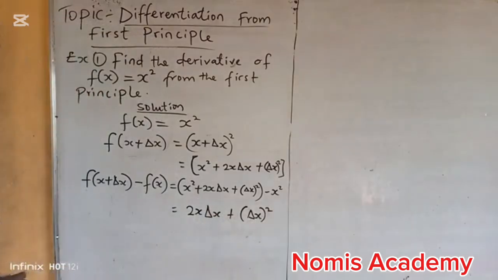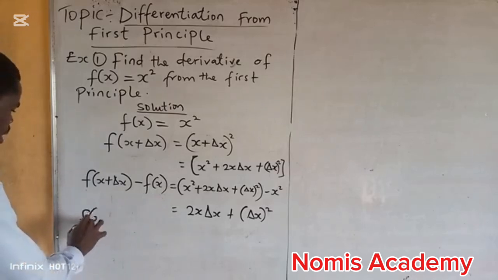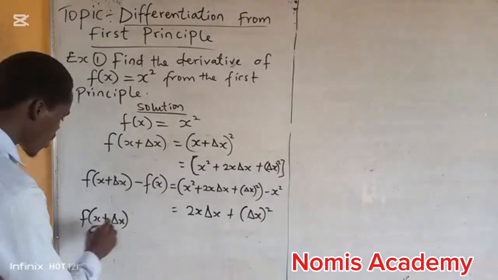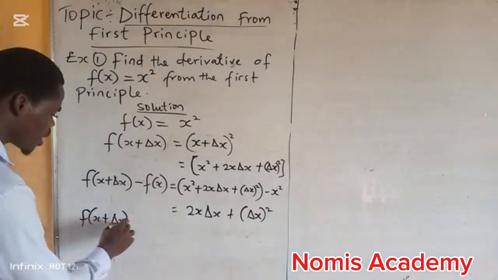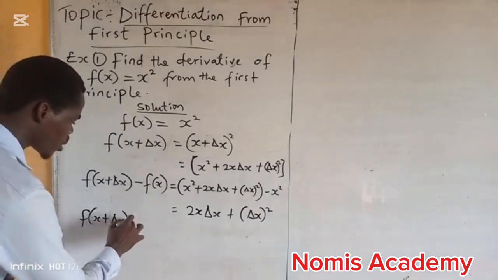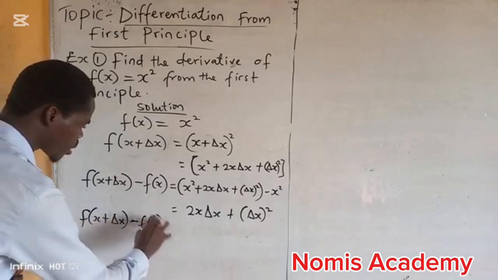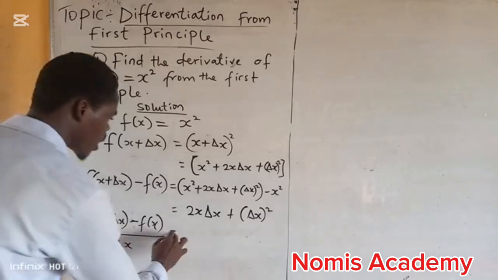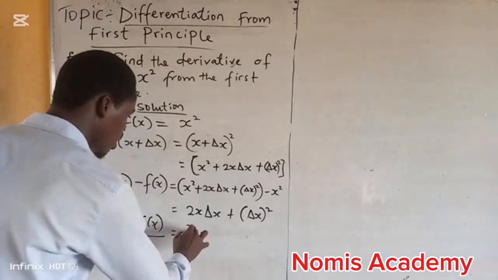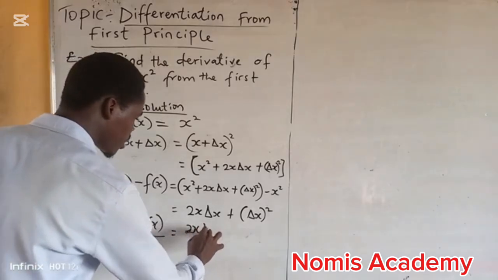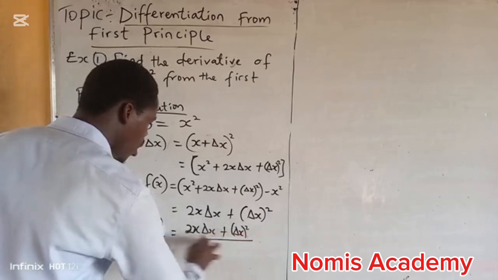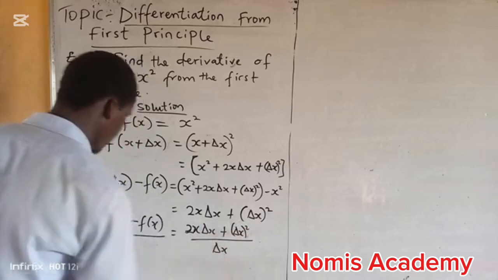Then the next thing we need to do, we need to divide by delta x. So using the function pattern, f of x plus delta x minus f of x all over delta x, and that will give us 2x delta x plus delta x squared all over delta x.